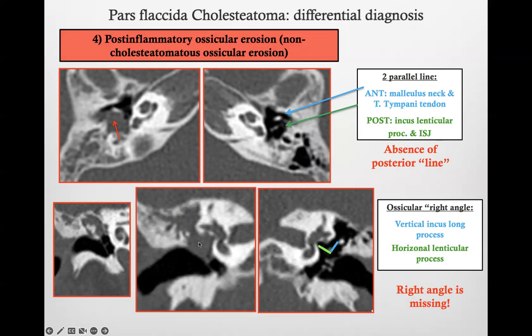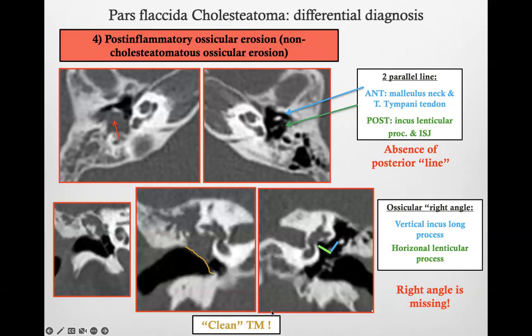Now, of course, this is a very weak point, so you don't need a cholesteatoma to erode this area, but a chronic, particularly aggressive inflammatory process can do so. Keep in mind that as a radiologist, we always need the clinical correlation because there is an overlap between these two. So don't be so dogmatic in the approach.